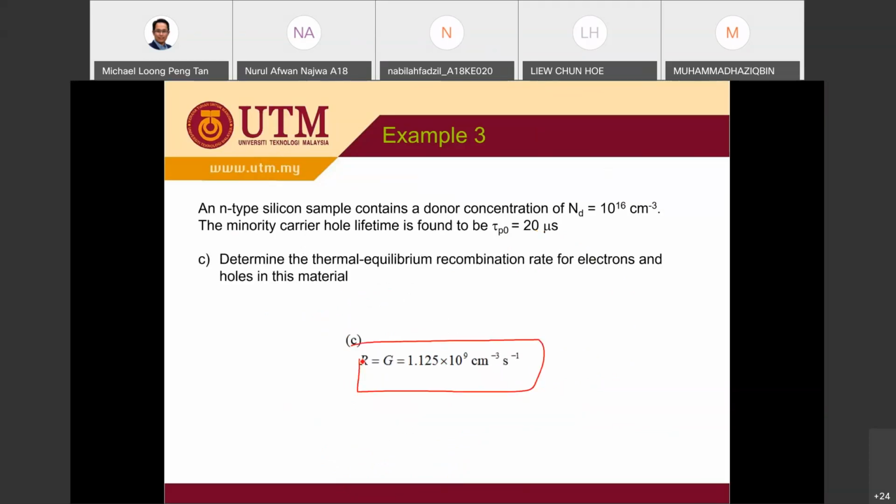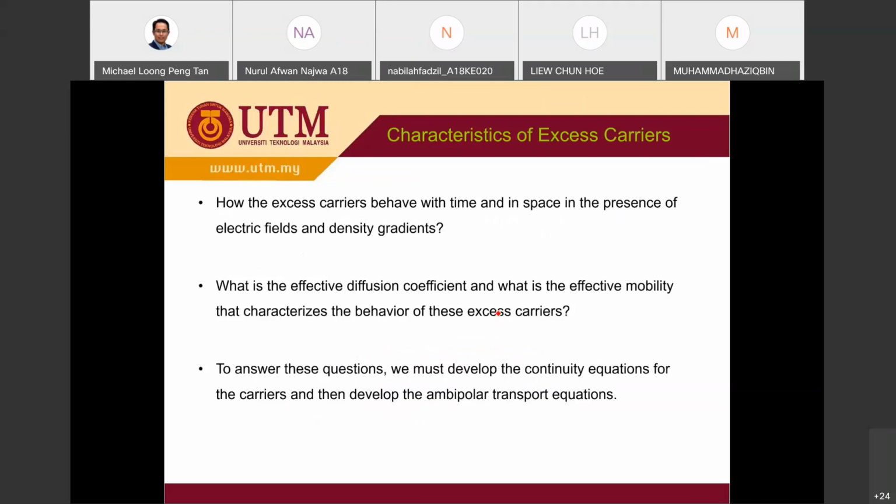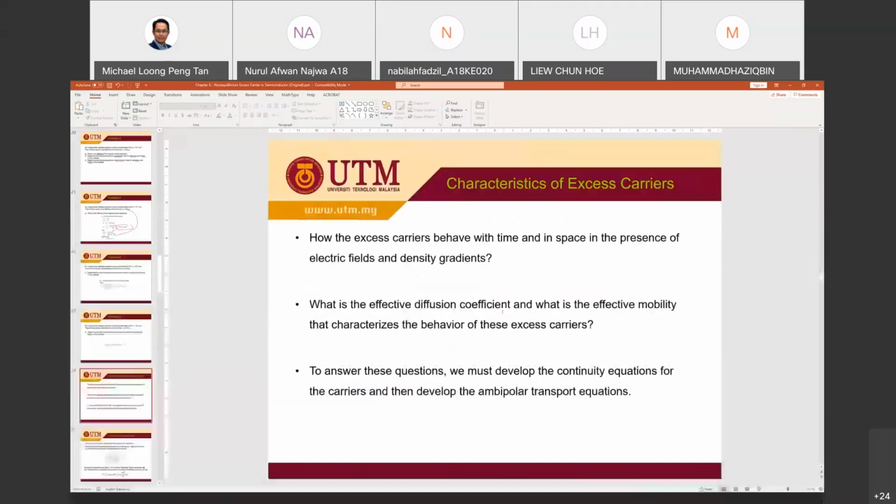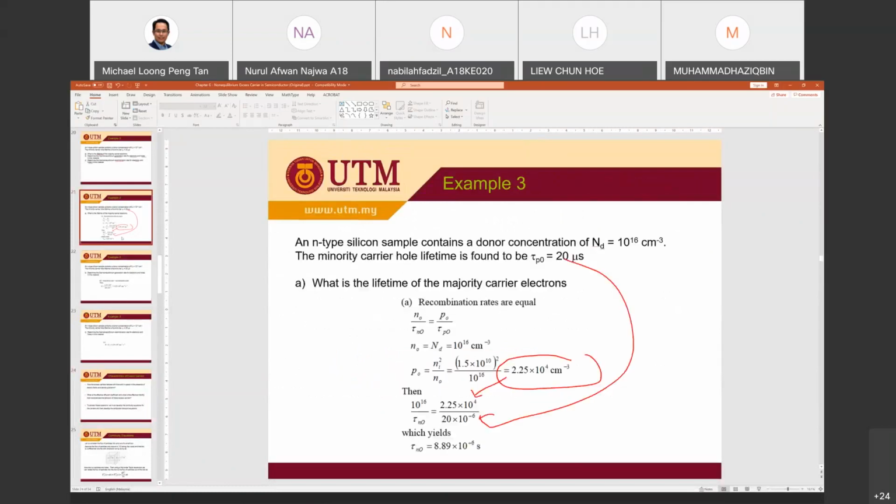Okay, another is critical thinking. So far, any question? If you look at the example, it is not difficult, but there are a lot of assumptions. You have to think like this, you have to do like that, then you can get this equation.